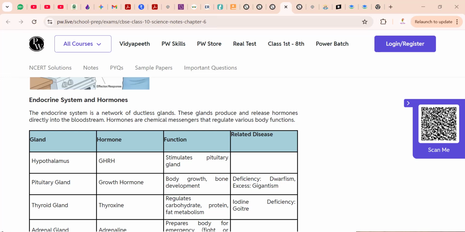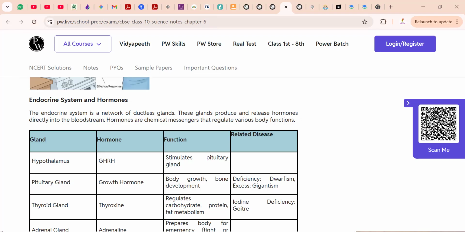Now next, stimuli and responses. A stimulus is any change in the internal or external environment of an organism that can be detected. So what is a stimulus? A stimulus means any change in the internal environment for us, right? There is an external environment also.